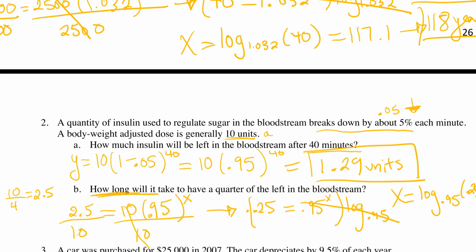And if you do your math on your calculator, you should get 27.03. Make sure that you not only have your place value correct, but also your units. We are talking about 27.03 minutes. That's how long it takes for you to have a quarter of insulin left in the bloodstream.